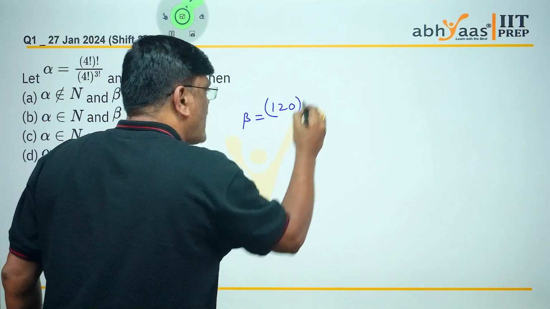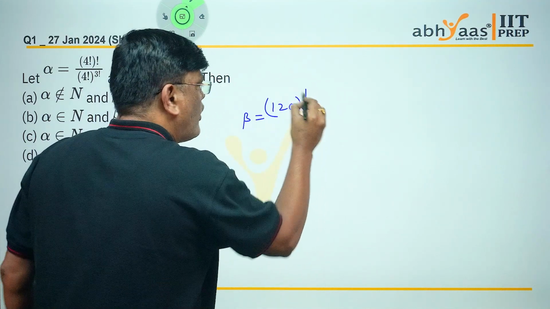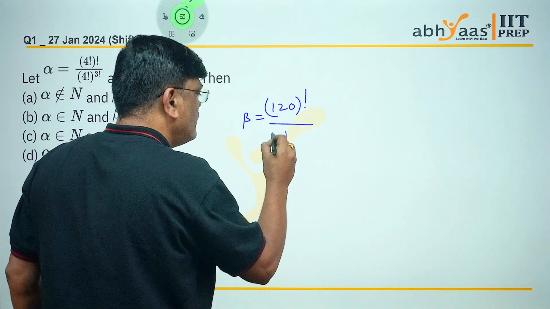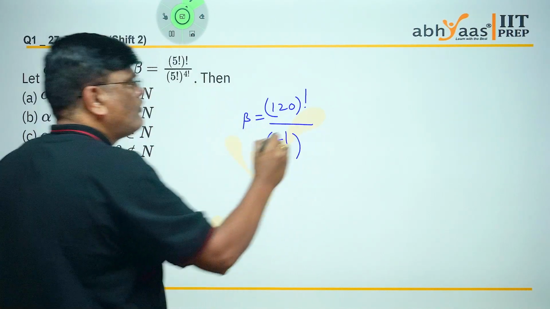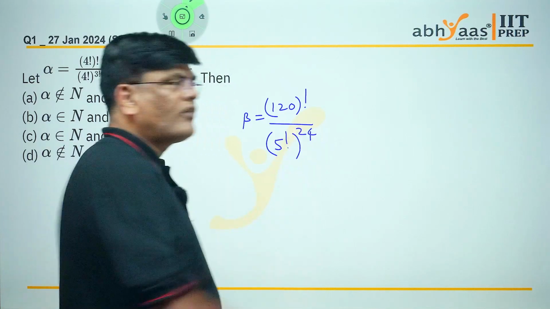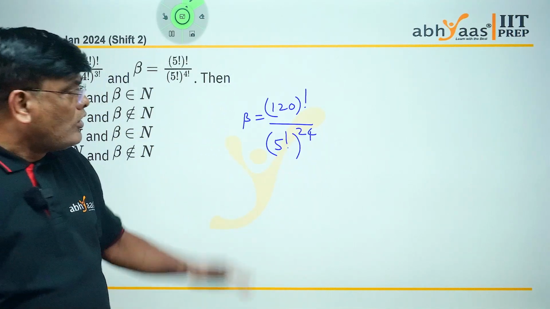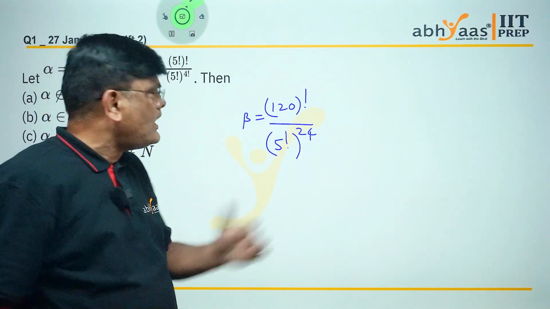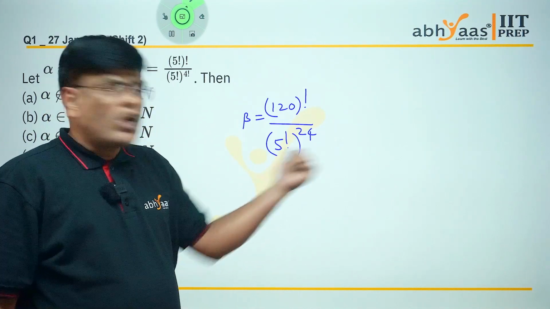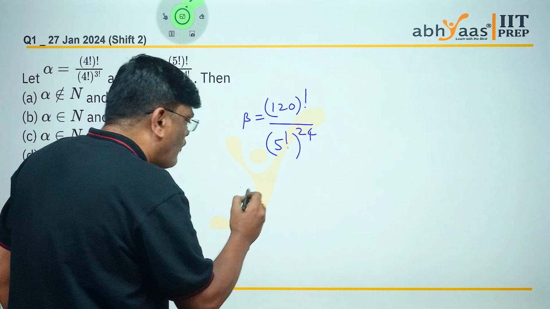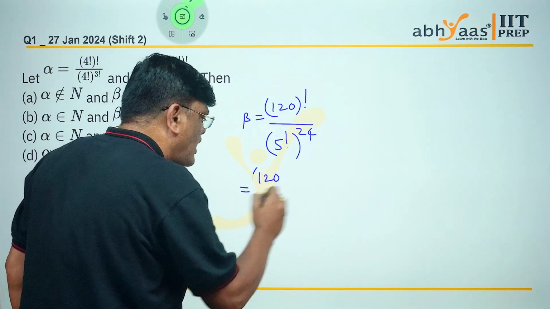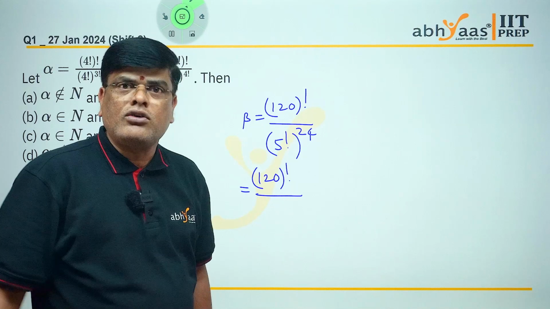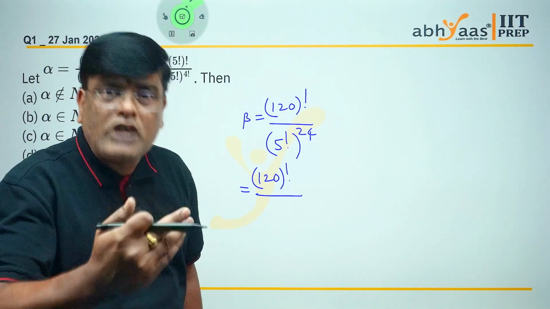Now I am keeping that factorial as it is, by 5 factorial whole power 4 factorial, which is nothing but 24. Now if we observe this we cannot identify, but when we expand the denominator, we can write it as 120 factorial by 5 factorial whole power 24, which means we have to multiply 5 factorial 24 times.